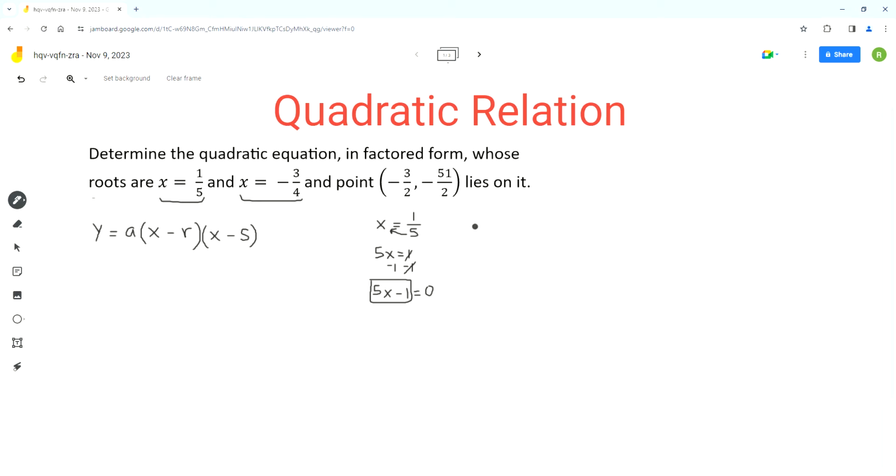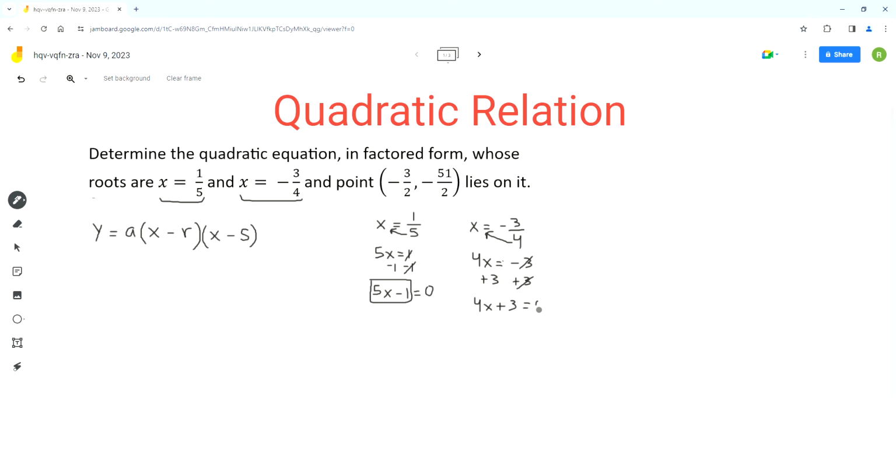Now we'll work on the second root. The second root is x equals negative 3 over 4. So the first step is to cross multiply the 4. So we get 4x equals negative 3. We have to add 3 to both sides to make this equation equal to 0. So the 3's on the right side cancel each other out, and we get 4x plus 3 equals 0.